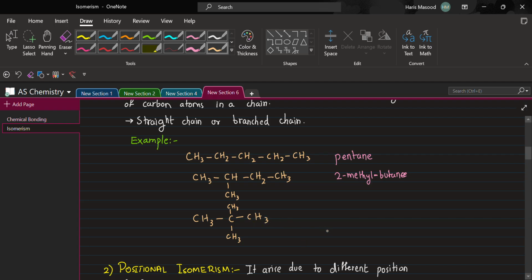Now what will be the name of this compound? Two, you can write 2 2, because 2 times methyl is occurring here.